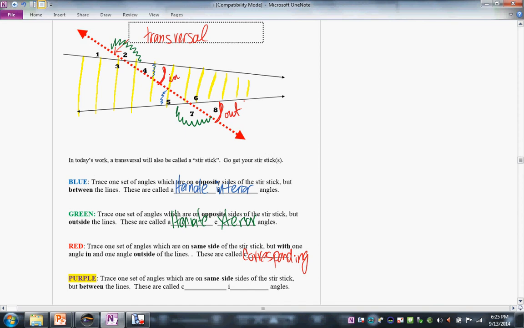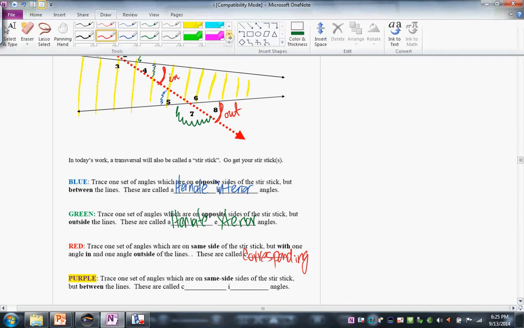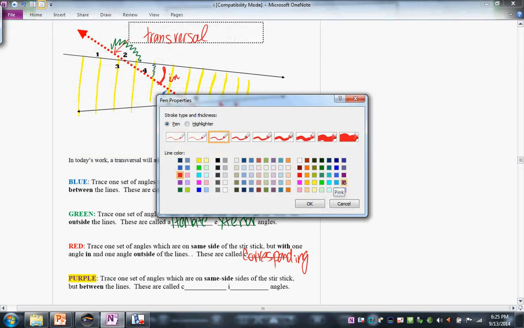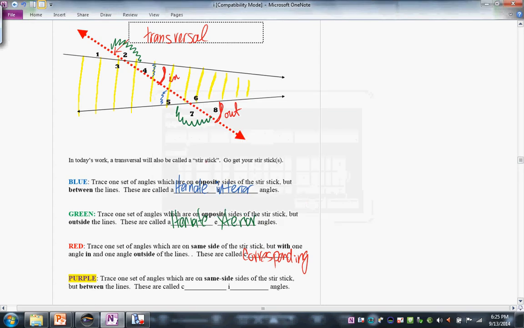The last one is we're going to trace a set of angles which are on the same side of the stir stick, but still between the lines. Same side of the stir stick, but still between the lines. And this, between the lines, same side of the stir stick, those are called same side interior, also known as consecutive interior.